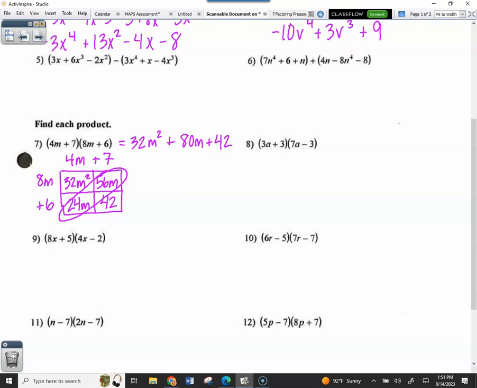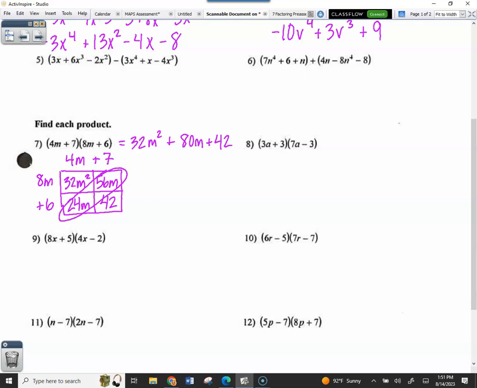The alternative method is FOIL. First, outer, inner, last.